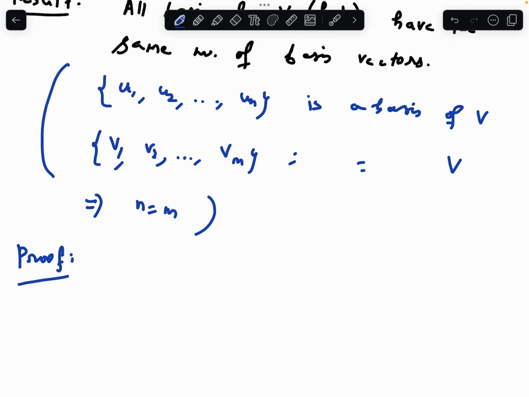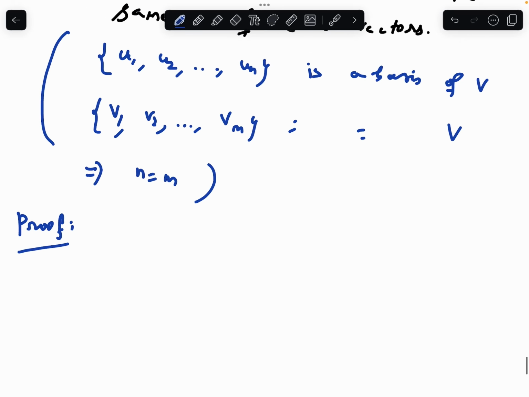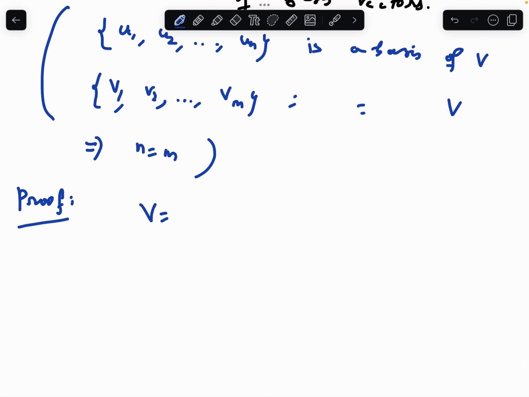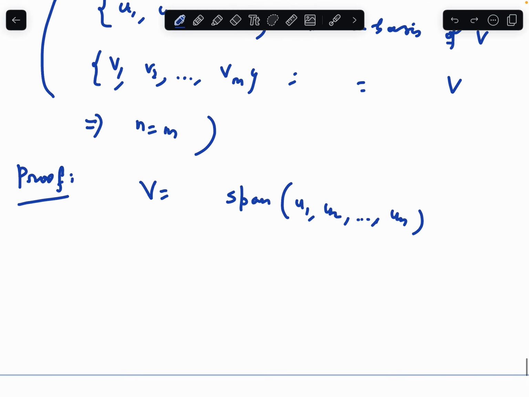So since U1, U2, ..., Un is a basis of V, we can say that V is equal to the span of U1, U2, ..., Un. How many vectors? n vectors, right? There are n vectors. Now, V1, V2, ..., Vm is also a basis.